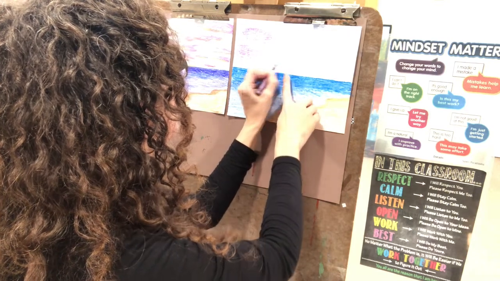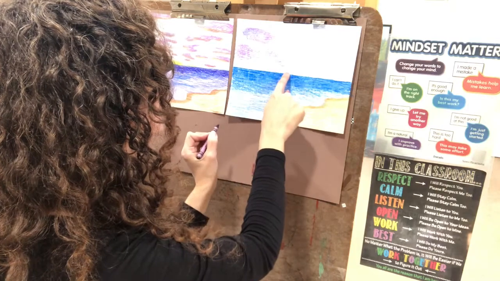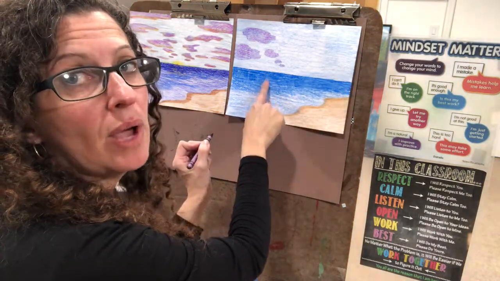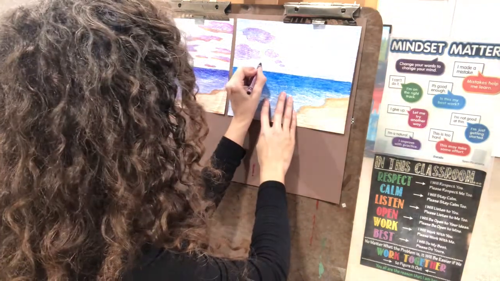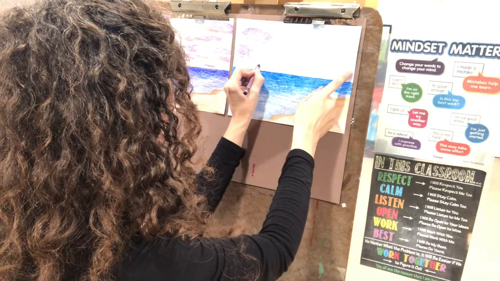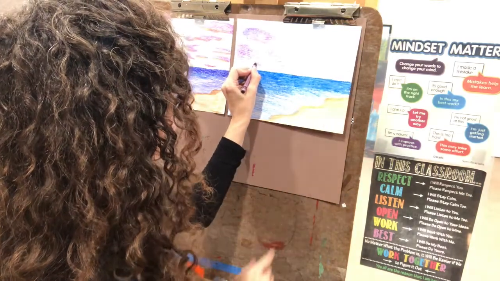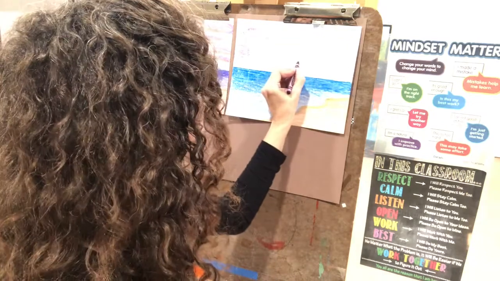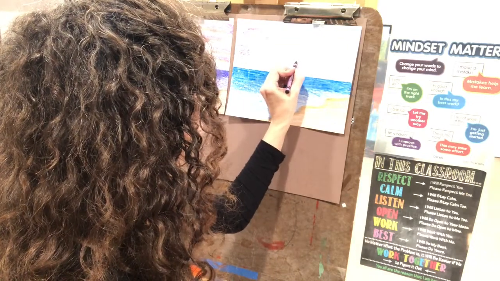And let's not forget the sun is going to be here or here or here or wherever you want to put it on the horizon line, okay? But I'm going to put a few more here and then some on this side, and then we're ready for yellow. I'll put some here, really small.